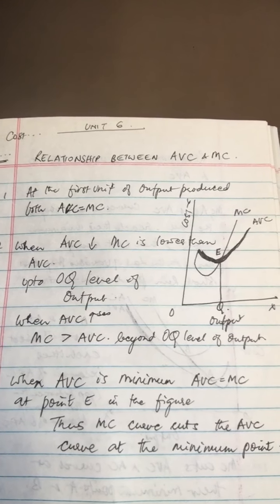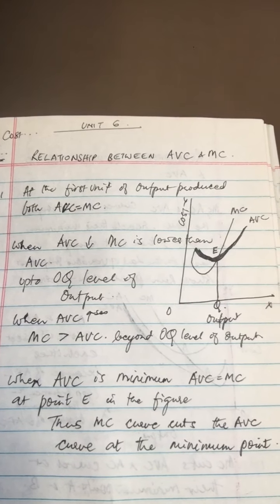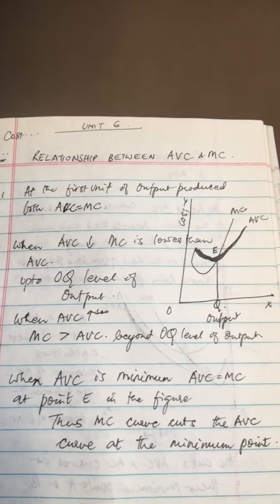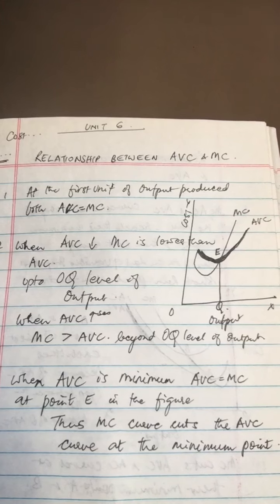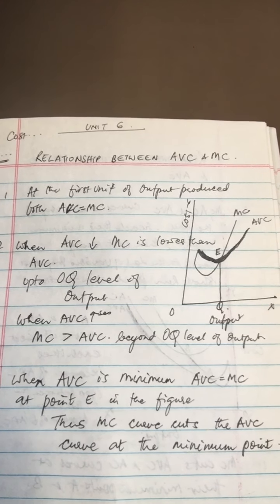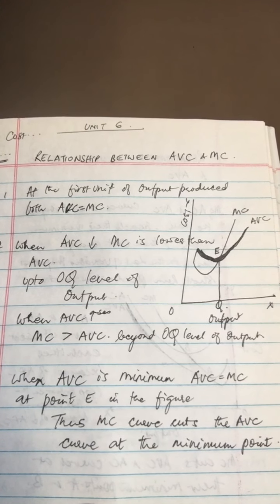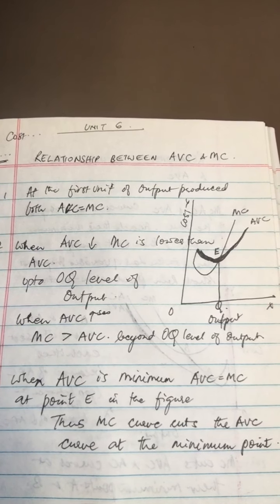When average variable cost is minimum, average variable cost is equal to marginal cost at point E in the figure. So thus we see that the marginal cost curve cuts the average variable cost curve at its minimum point.